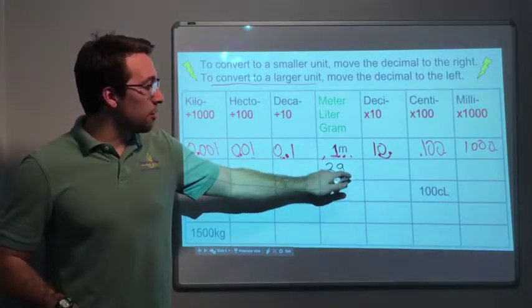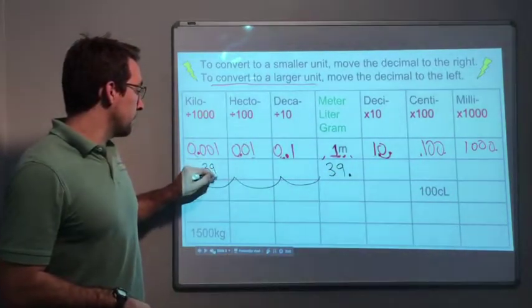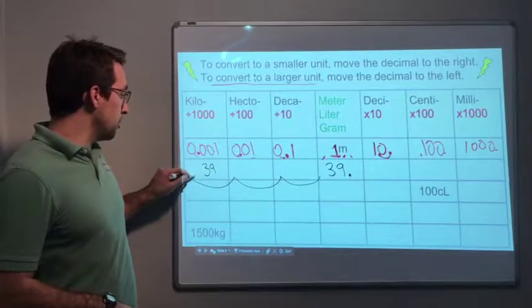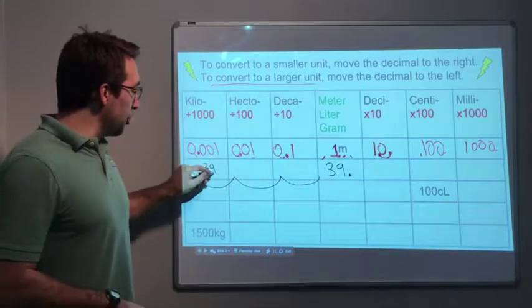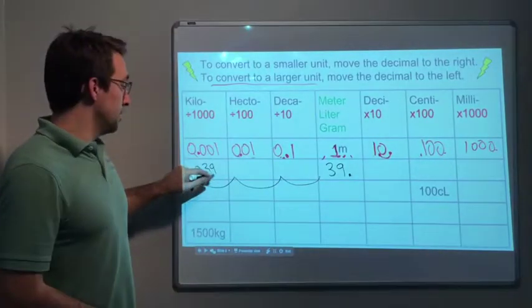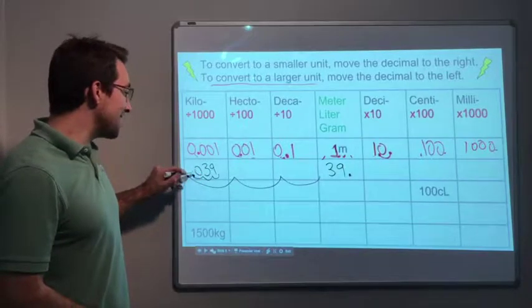So our decimal is going to move 3 places. Starting at 39, it's going to go 1, 2, 3. Look at that. 39 thousandths. So it moved from here 1, 2, 3 places.